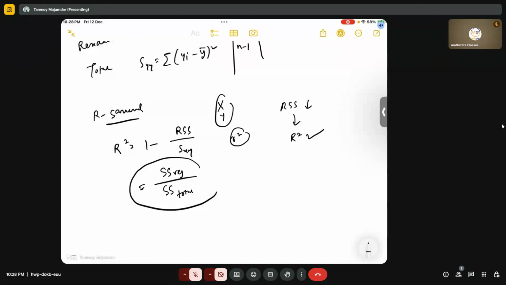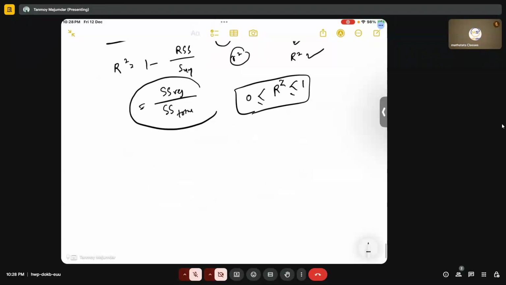But the thing is that the value of R square is basically the square of the correlation, right? And R square can never be negative. The value of R square should always lie between 0 and 1. Okay, R square can be equal to 0 and can be equal to 1 also.